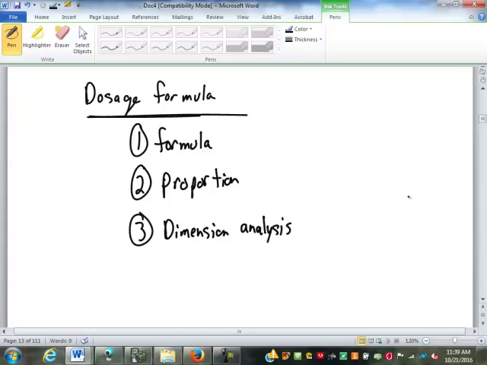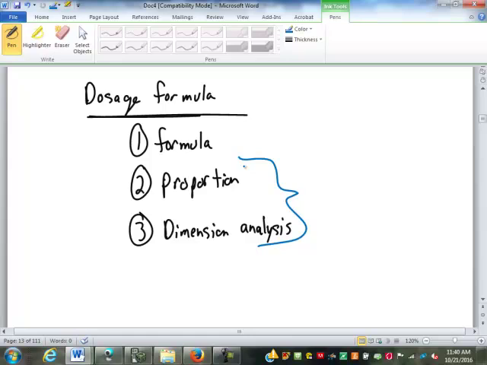For the most part, to me, the simplest way of doing it is a mixture of dimensional analysis and proportions, where the proportion is used in very specific situations. Like I said, where you're given so many milligrams per kilogram of mass, or so many milligrams or milliliters per square meter of body surface area, situations like that.